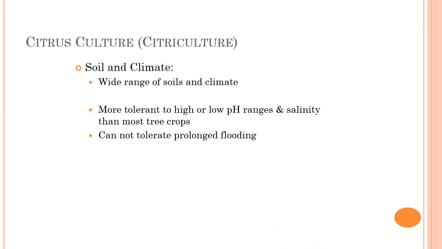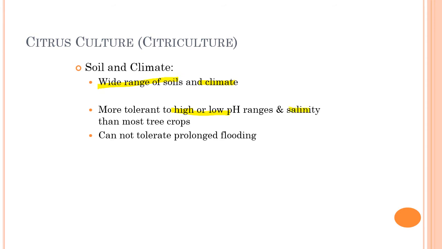Okay, in terms of culture, citrus is a really adapted fruit. You can see it everywhere you go. It can tolerate a wide range of soils and climates. You can find lemon or lime in Muscat, lime in Salalah, lime in Jebel Akhdar, everywhere. So they can tolerate all kinds of weather. They tolerate high or low pH at the same time.